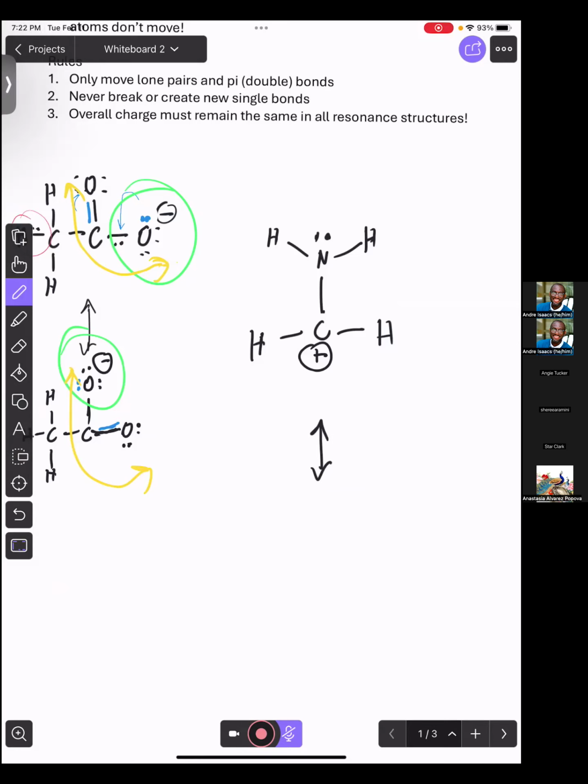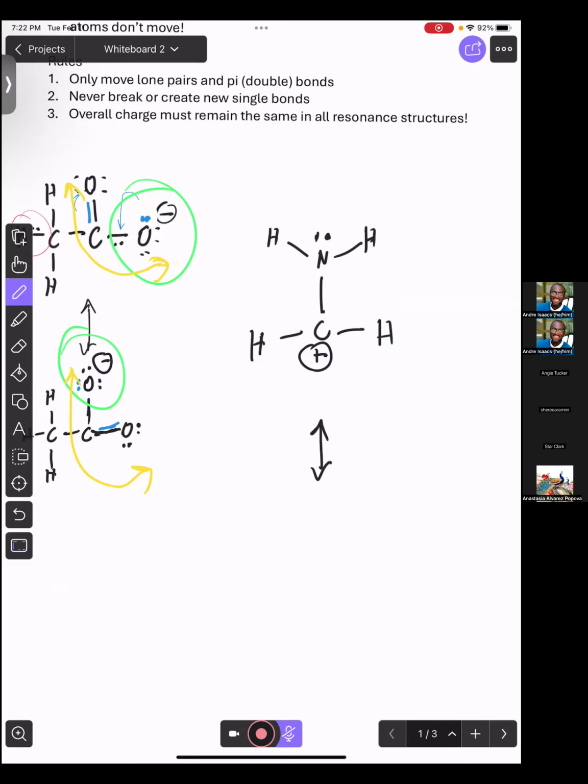When you want to move electrons through the system, you want to start with an atom that has a negative charge, if given one. In this molecule, is there an atom with a negative charge? There is not. And so you're going to have to think about this differently.